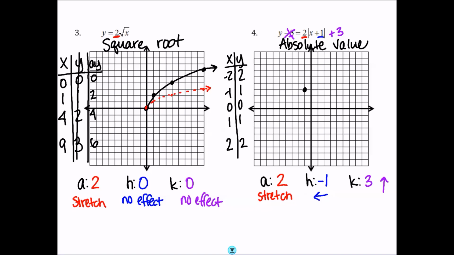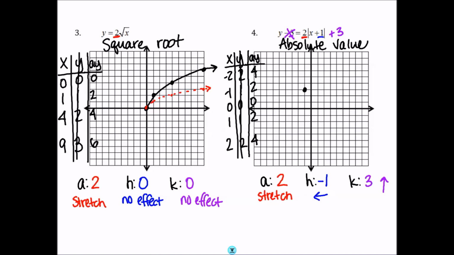And since I have an a value of 2, I'm going to go ahead and make a third column to my chart that is a times y. So I'm going to multiply all of these y values by a, which is 2. And then I'm going to cross out the y's because I don't need them anymore.